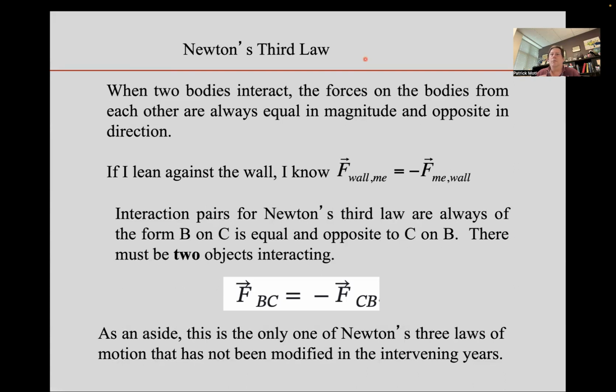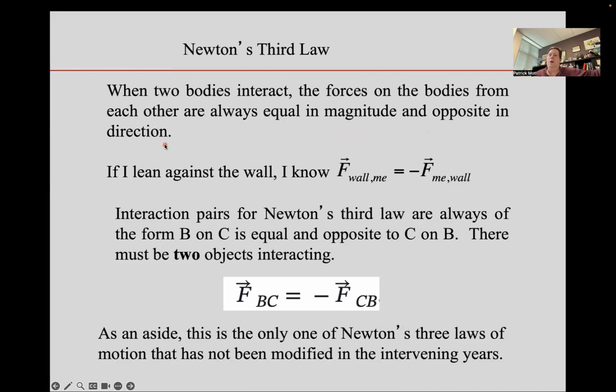Whenever I have two objects interacting with each other, they do so by exerting forces on one another. Those forces have to come in pairs. And that pair of forces, an interaction pair of forces, has a special property. When two bodies interact, the forces on the bodies from each other are always equal in magnitude and opposite in direction.